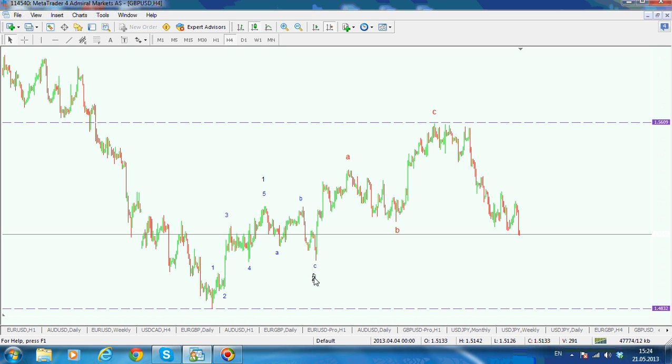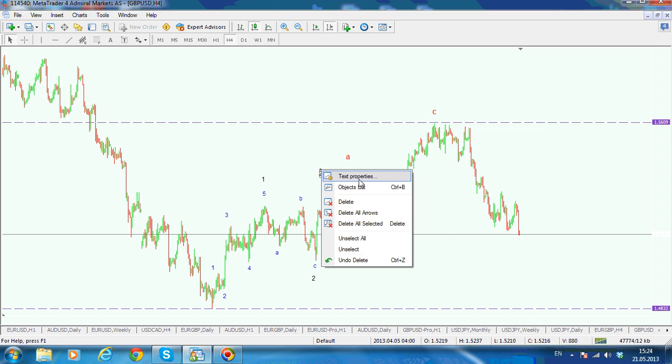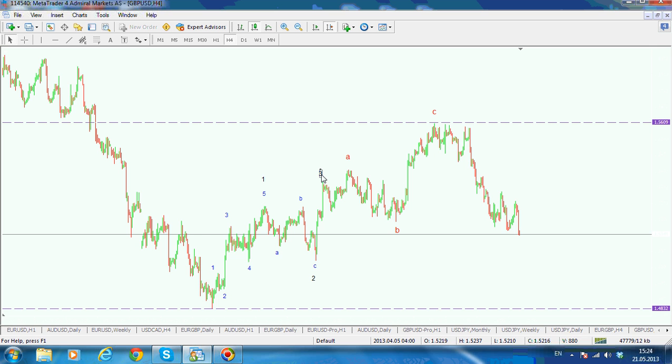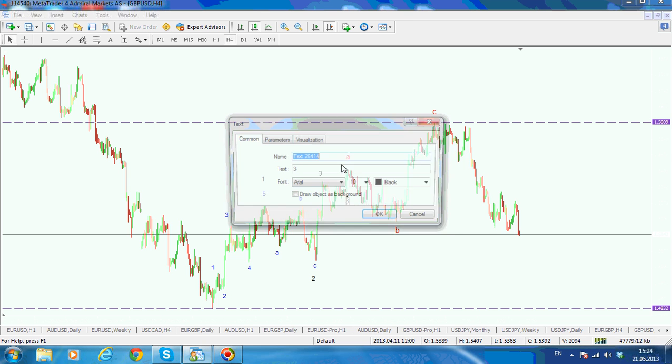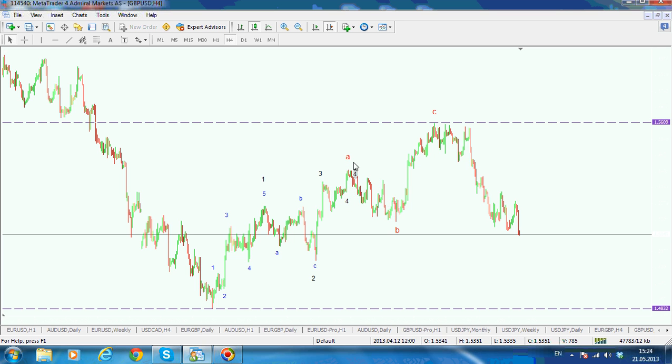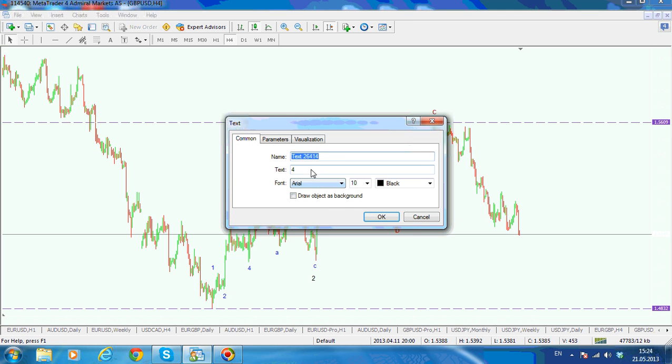And most likely the third wave to the upside here. A small correction for a fourth wave in the form of a contracting triangle as a continuation pattern. And the fifth wave to the upside. So you have 1, 2, 3, 4, 5.